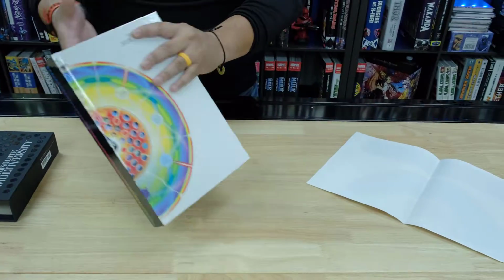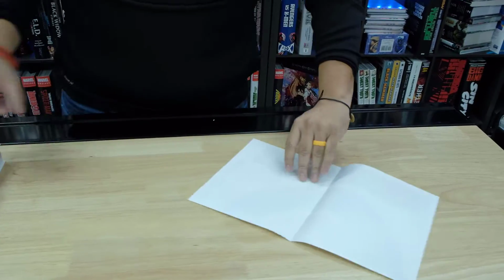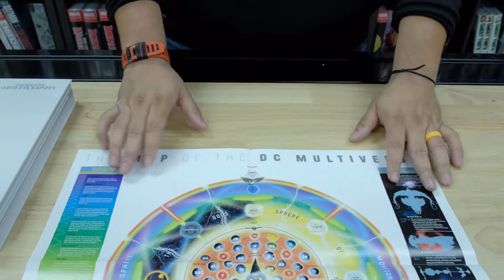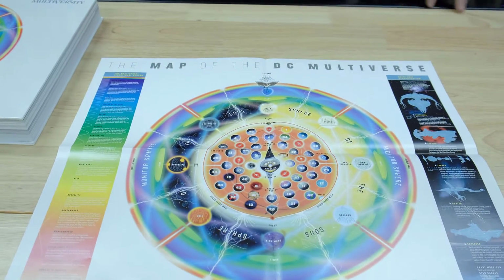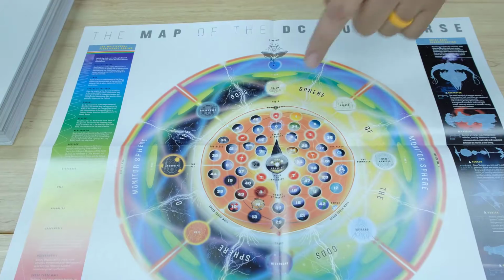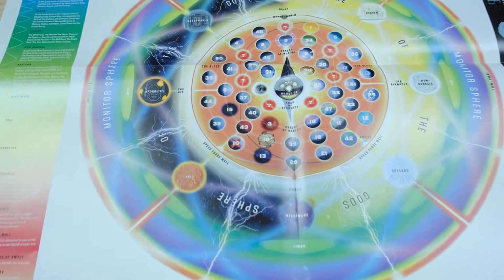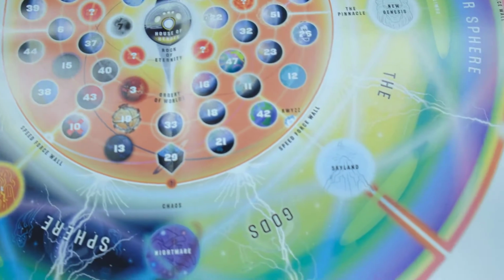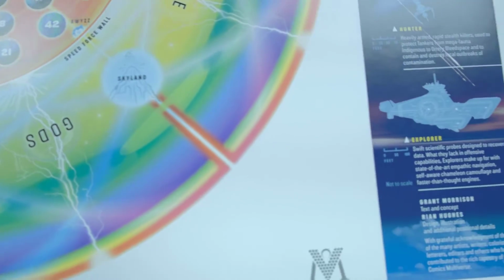So let me show you that real quick before we jump into the book. I really like how DC has mapped basically their whole multiversity and how it's set up. It's basically a giant circle with the House of Heroes in the center, and then all the different universes after that in concurrent circles. And then you have the spheres of the gods, the monitor sphere, and the source wall.